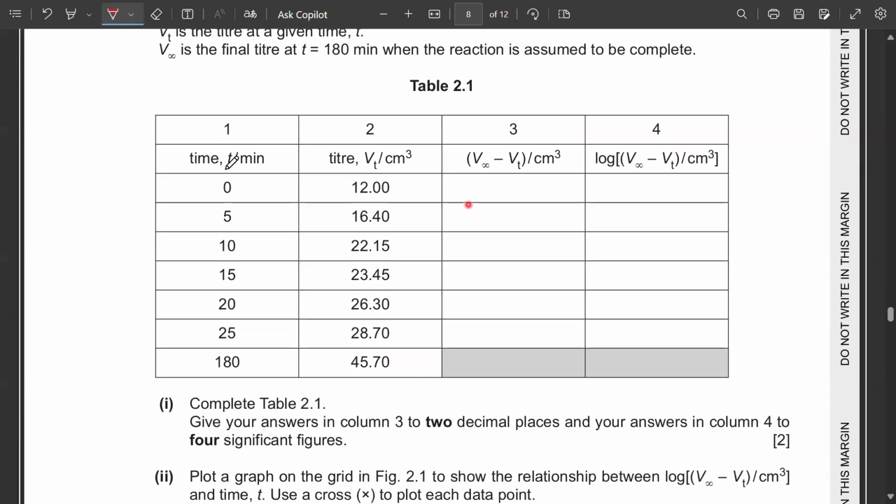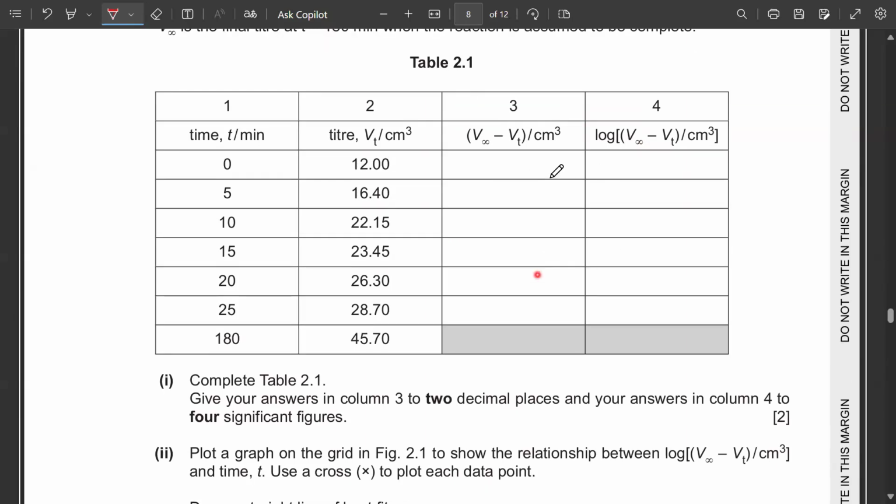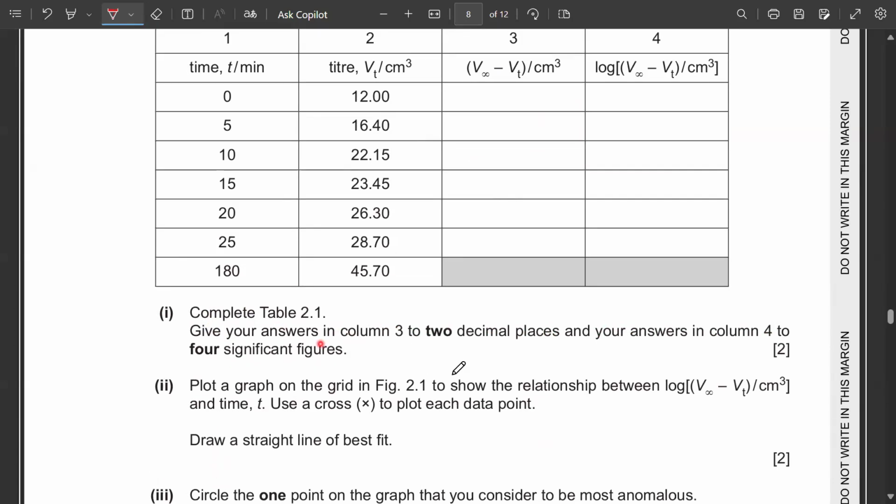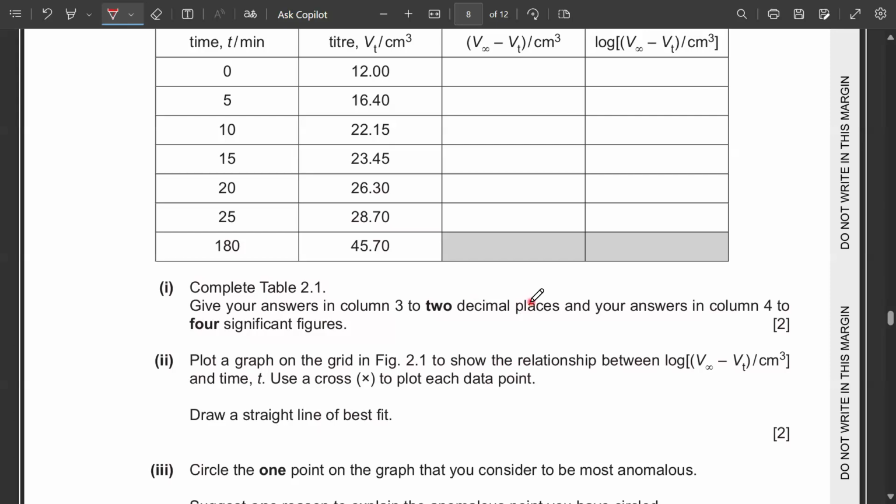In such cases, you have to complete the table, because this is a very frequently asked question. Complete table 2.1, give your answer in column 3 to 2 decimal places, and your answer in column 4 to 4 significant figures. So decimal places is different from significant figures.